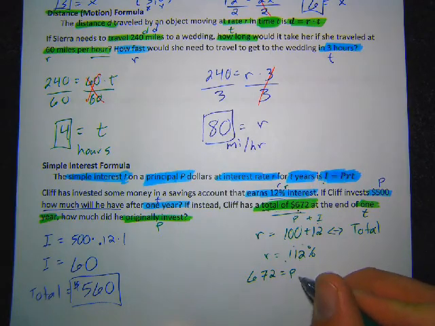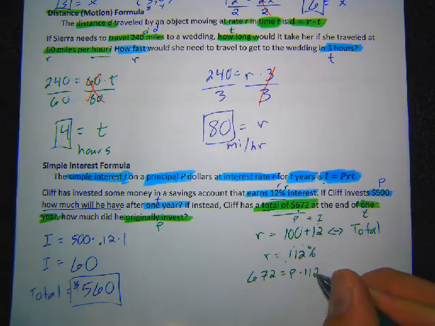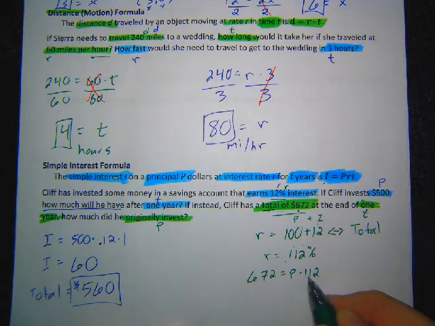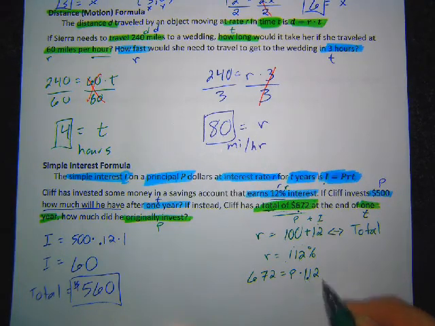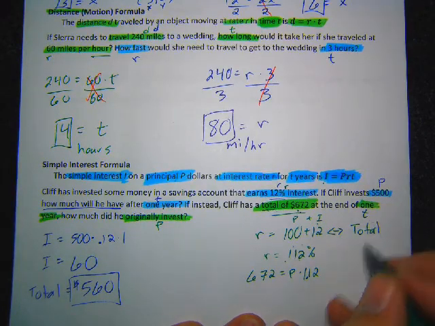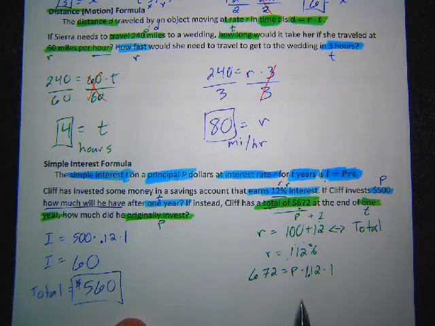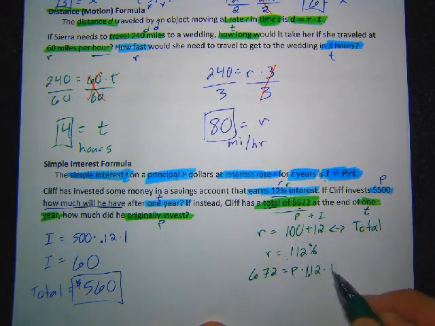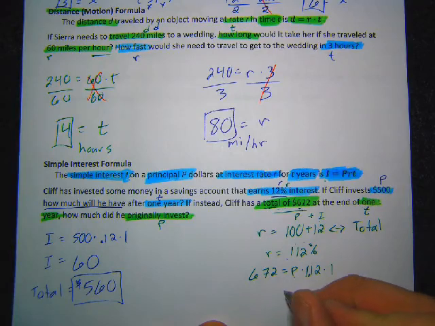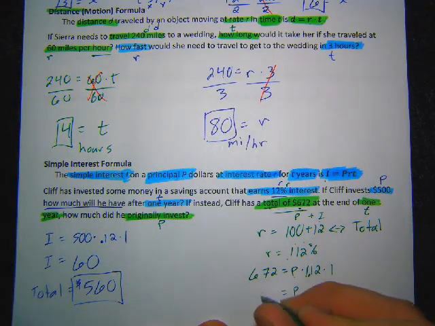For the rate, we're going to use 112, but again this is a percent, so we move the decimal over 2 spots, and it becomes 1.12. And again, this is 1 year, so time is 1. That gives us an equation we can solve to find the principal. Since 1.12 times 1 doesn't change anything, we can just call that P times 1.12.